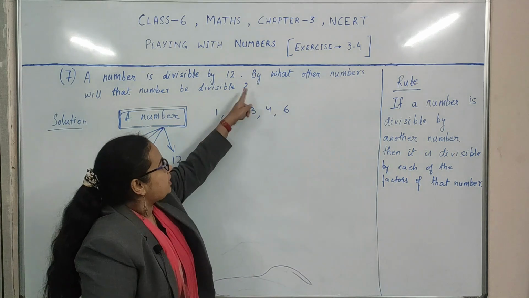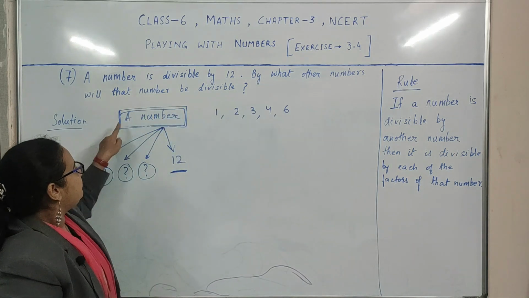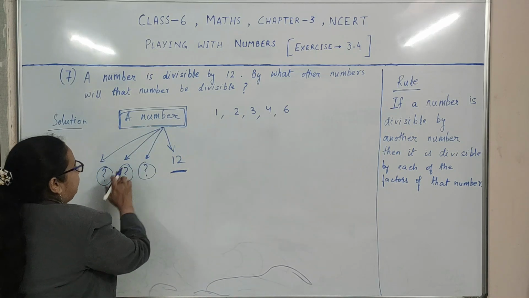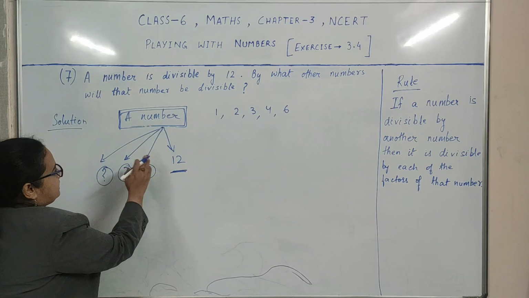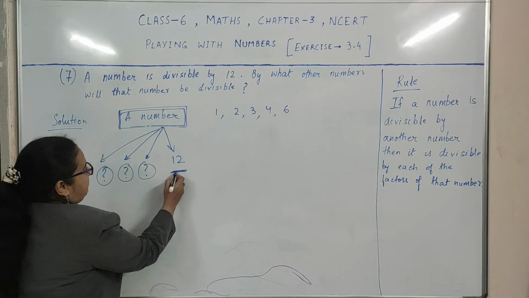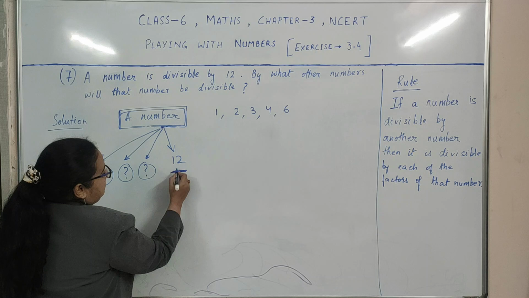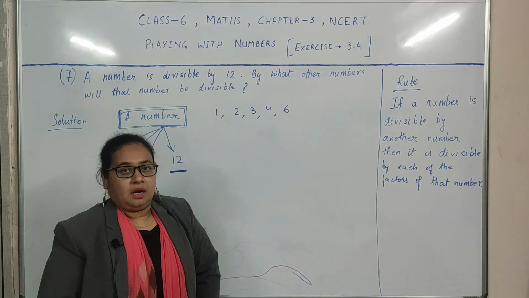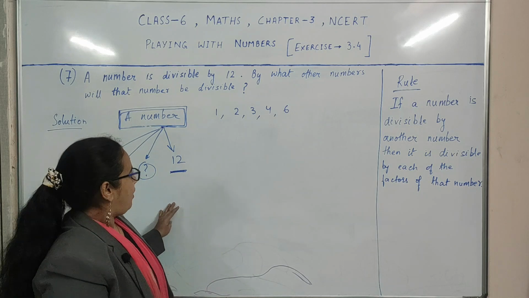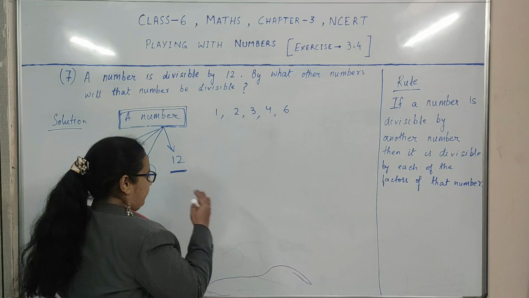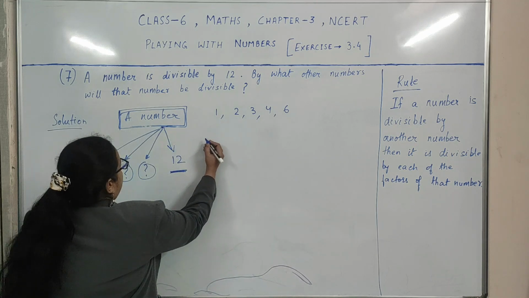As this number is already divisible by 12, this number will be divisible by the factors of 12. This is the rough way I have explained it, so we have to do it in a proper way.